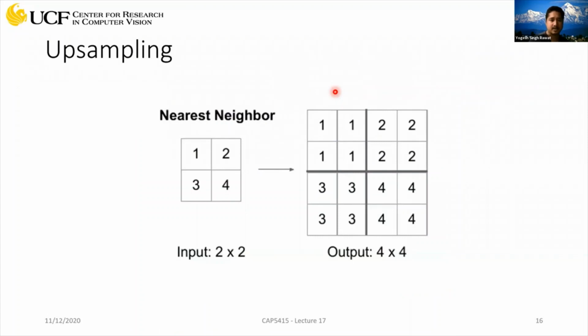The easiest way is nearest neighbor. What you do here is if you have an input feature map of size 2 cross 2 and you want to move to 4 cross 4, then you will increase the resolution and you're just going to repeat the values from each pixel to the nearest pixel locations. That's just repetition, and this is called nearest neighbor upsampling.